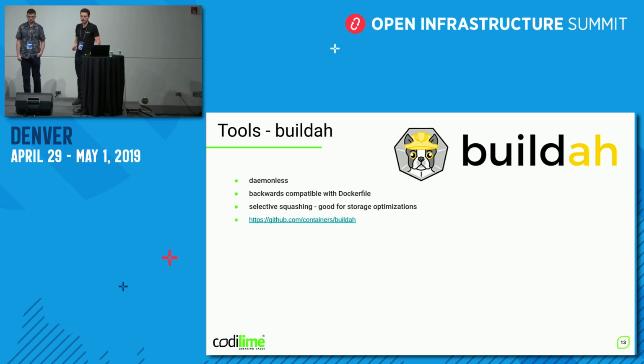And Buildah. This one is daemonless. It also provides rootless builds, which are not of particular interest for today's talk, but that's one of the features. And what's interesting, it provides selective squashing.